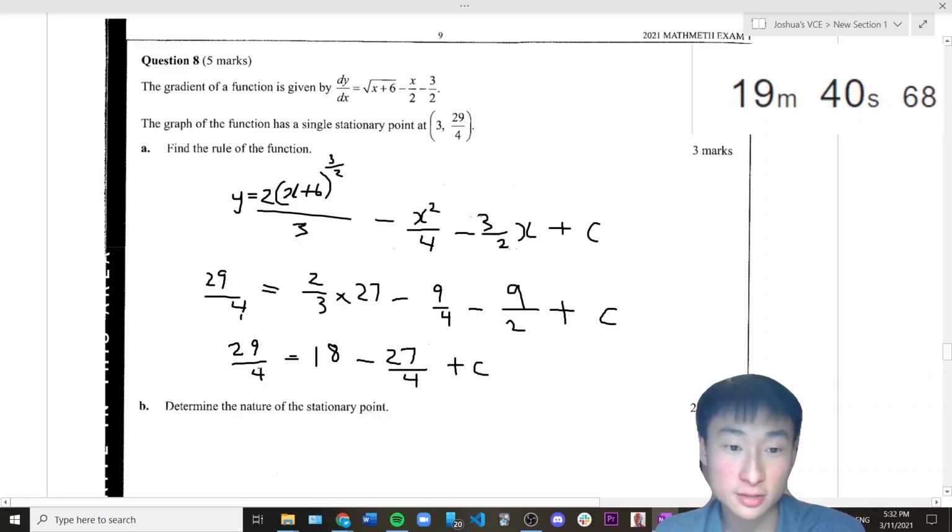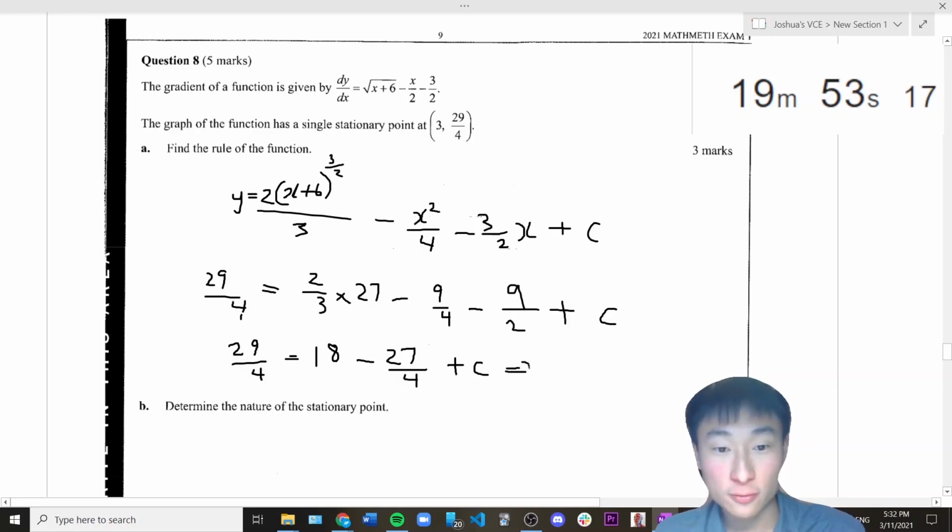Why is it so messy? Then I move that to the other side. It's 56 over 4, which is 14. So 14 is equal to 18 plus c. So c is equal to negative 4.